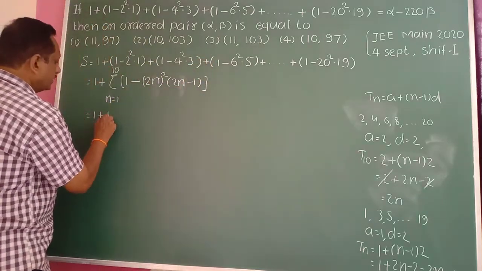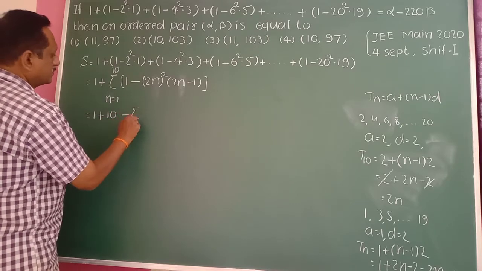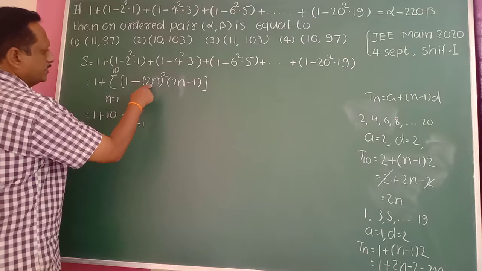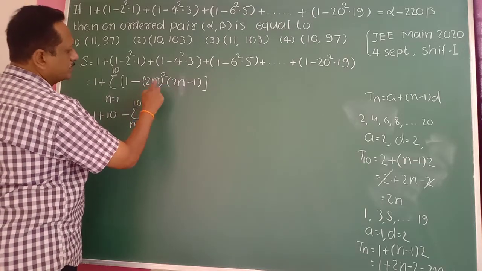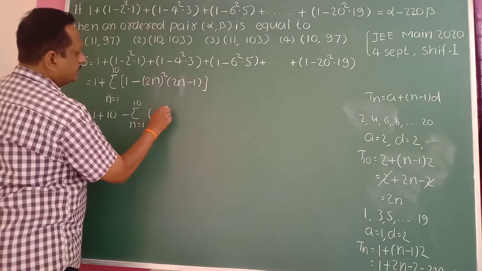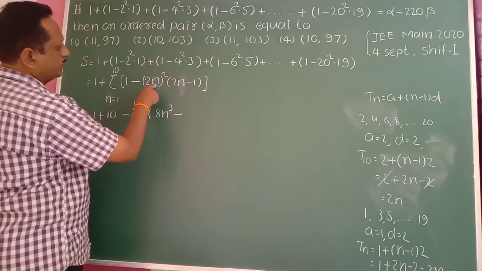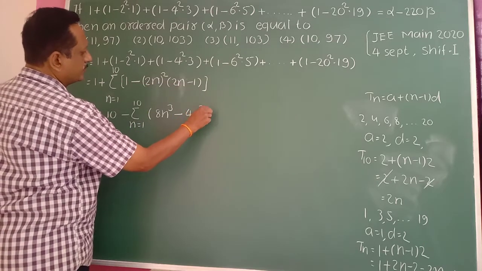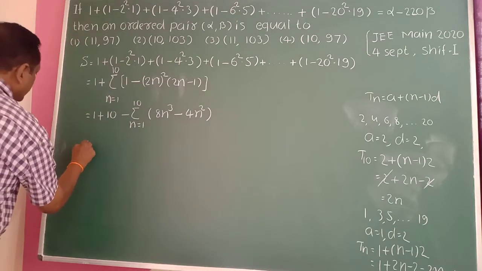Therefore, write here 10, then minus the summation n equal to 1 to 10 of 4n square into (2n minus 1). This becomes 8n cube minus 4n square. Therefore, this is equal to 10 plus 1, which becomes 11.